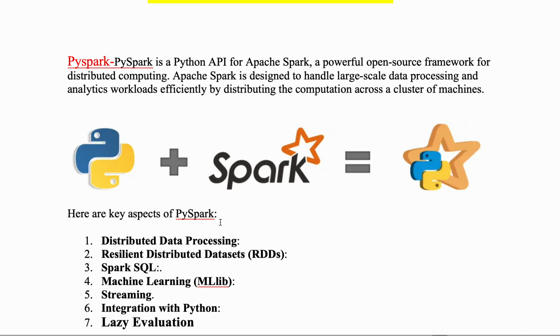One is distributed data processing, and the other is the resilient distributed dataset. RDD is basically a data structure. It has many features like fault tolerance, and because of this nature we are using PySpark. It also has an API for Spark SQL.